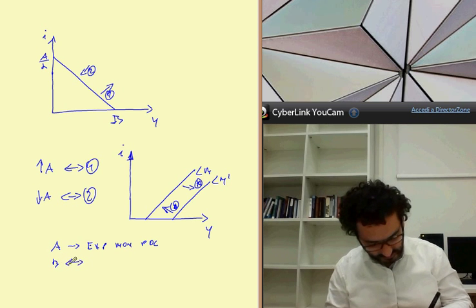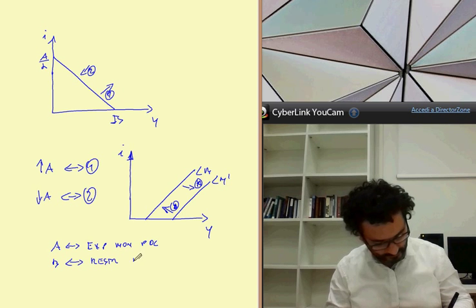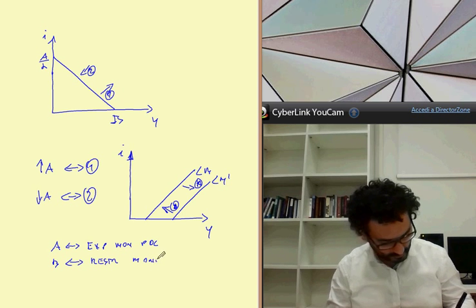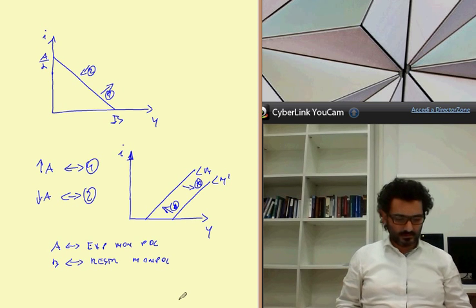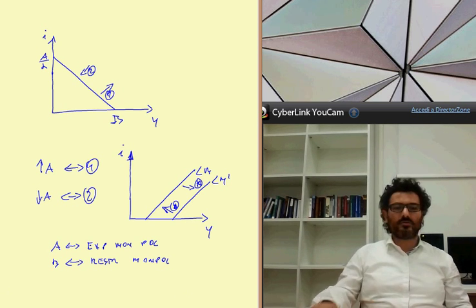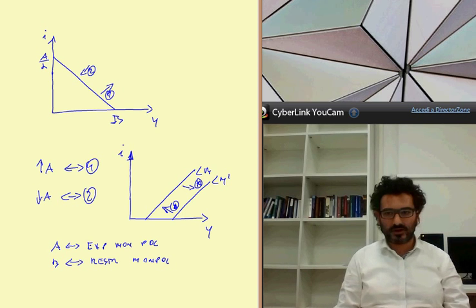Restrictive monetary policy shifts the LM to the left. And this is what we have, and now we have to derive the equilibrium.